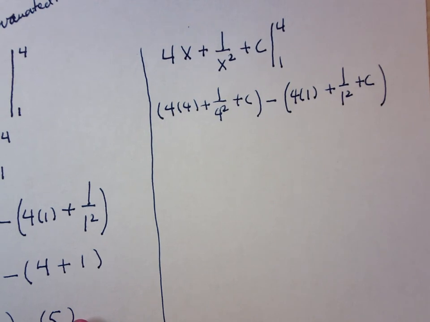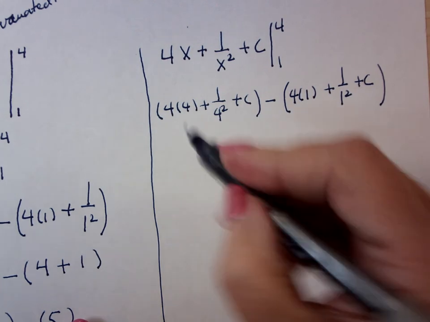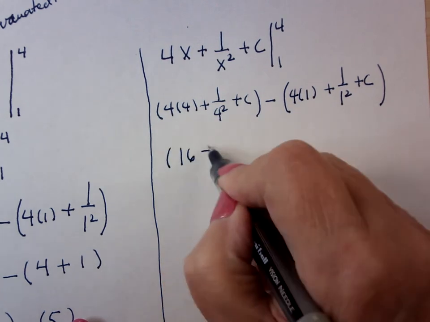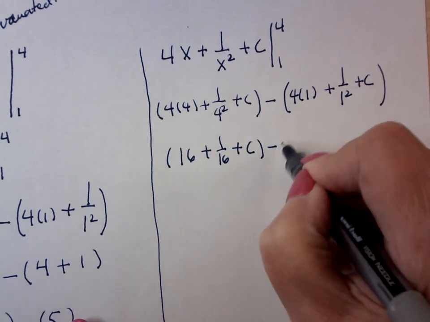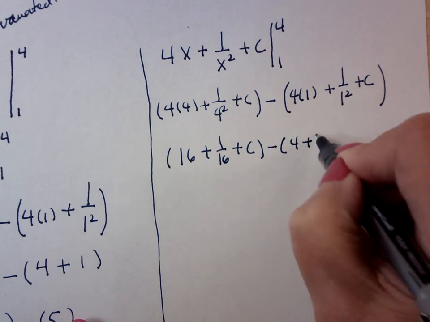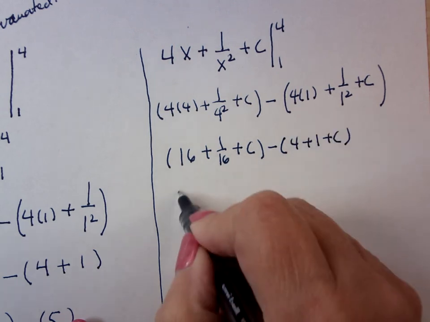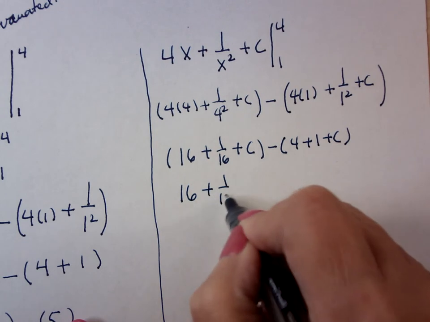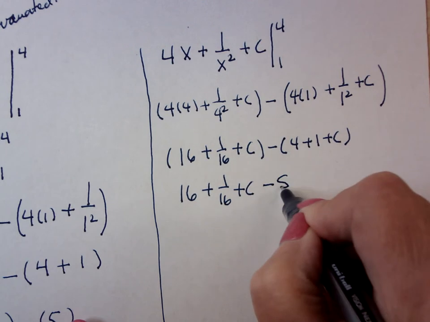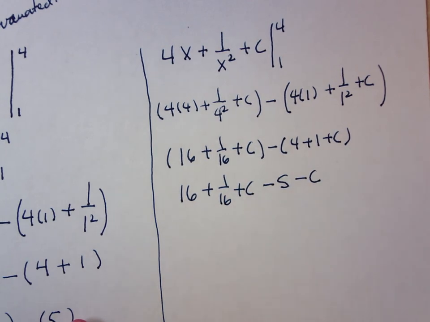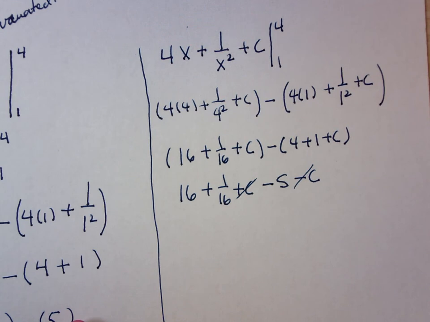So with the definite integral, the c is there, but it adds a 0. So what would you end up with? The same thing: 16 plus 1 over 16 plus c minus 4 plus 1 plus c, or 16 plus 1 over 16 plus c minus 5 minus c, and then the two c's cancel out, adding 0.